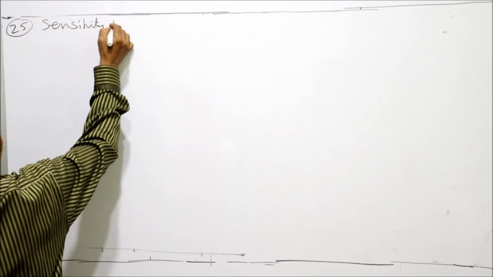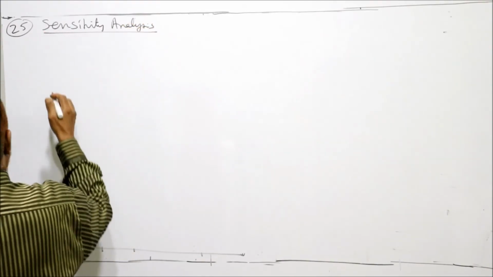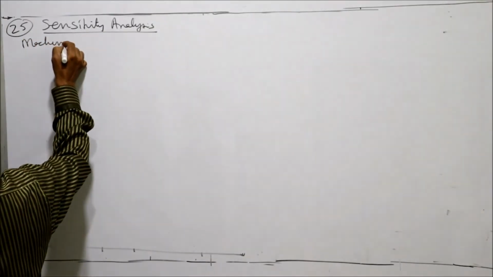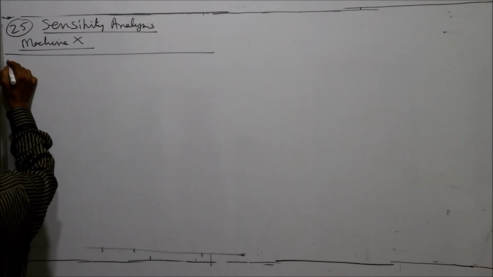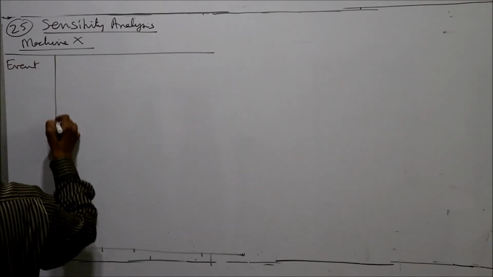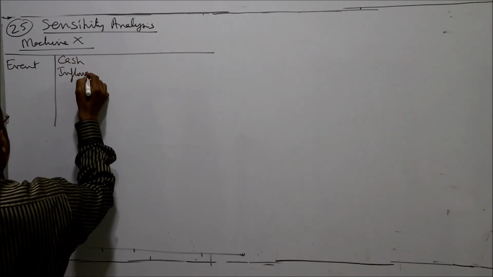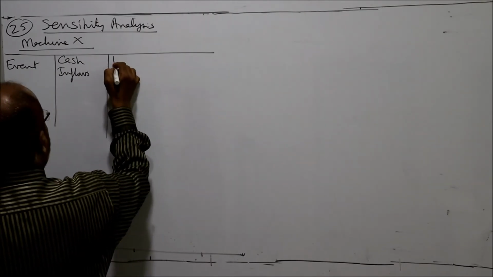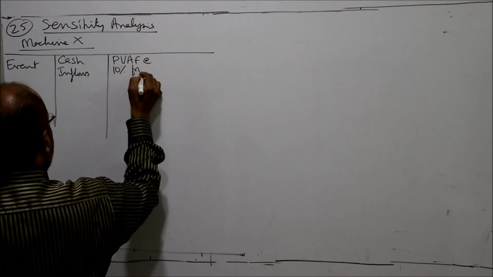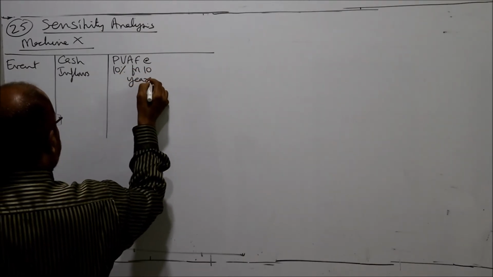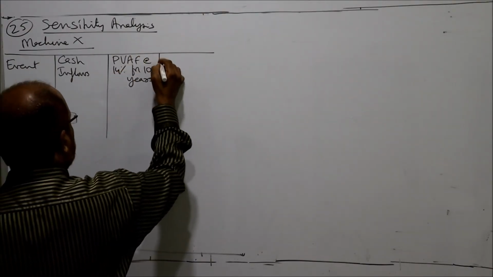Sensitivity analysis. First we will take machine X. Machine X, we have events, particulars. Then we have cash inflows. Then we have PV of annuity factor at the rate of 14% for 10 years.